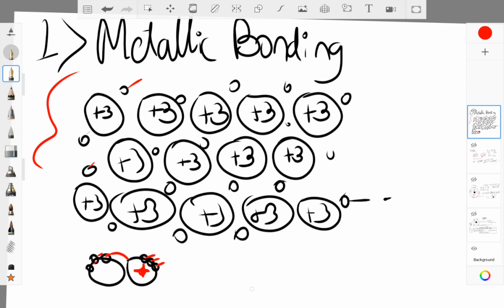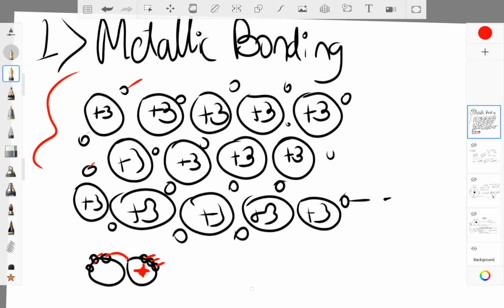And we say that the cations are arranged in a regular lattice structure. So the free electrons, the delocalized electrons, are free to move about a lattice structure of metal cations. That's just an easy way of describing metallic bonding in terms of structure.